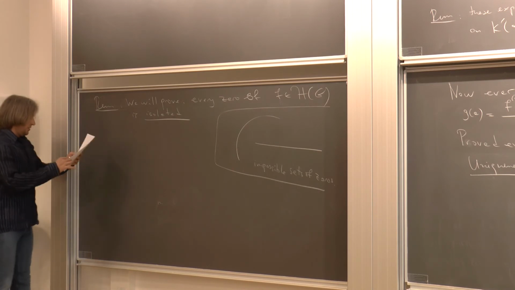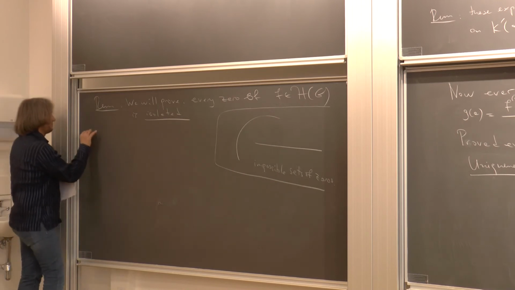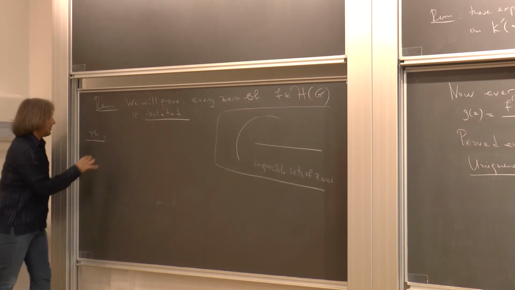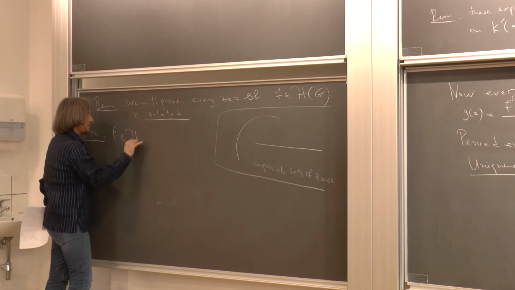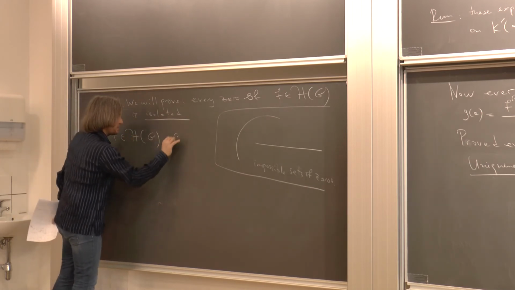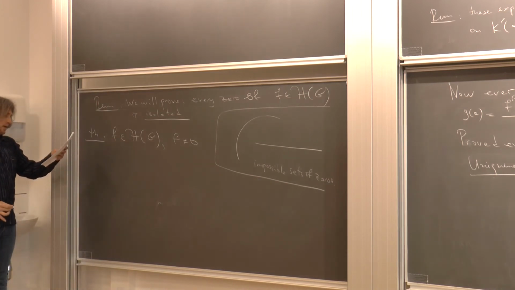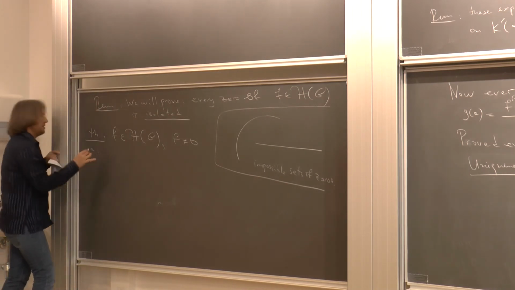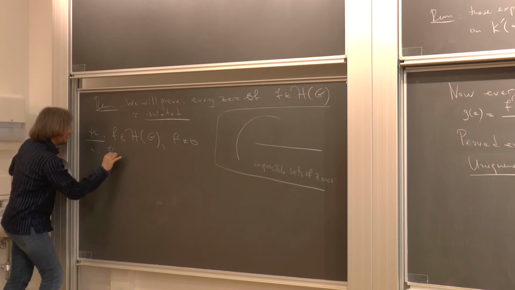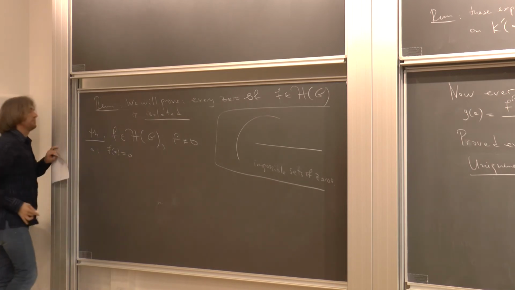Let's see. So theorem. Suppose we have a function which is holomorphic inside the domain G, and it's not completely 0 as a function. And a is a zero of f, so f of a is 0.